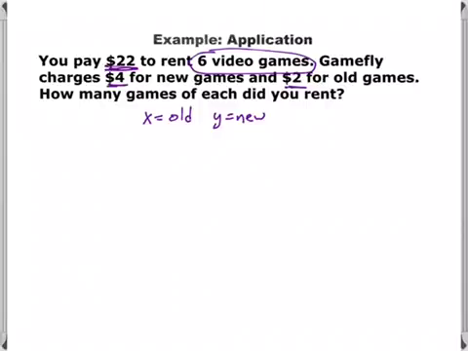So in this case, we've got the number of old games plus the number of new games equals 6 games. And now we'll talk about the money. Well, we know that old games cost $2 and new games cost $4, and together, when purchased, you spent a total of $22.